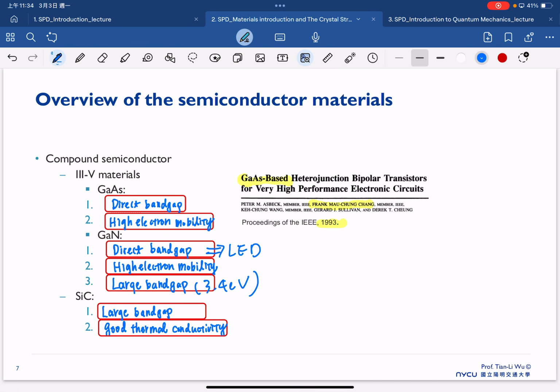So that's a basic but very unique feature for gallium arsenide, gallium nitride, and also silicon carbide.